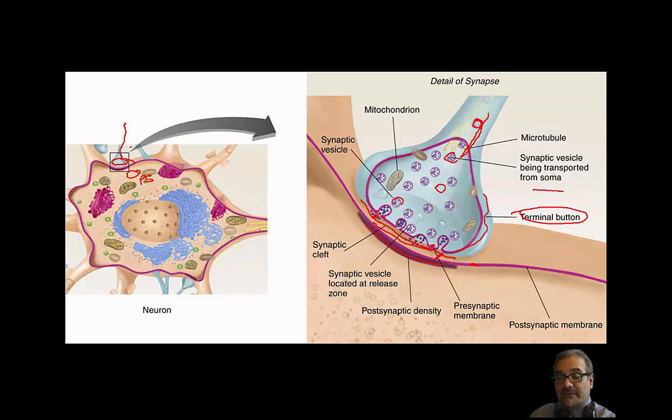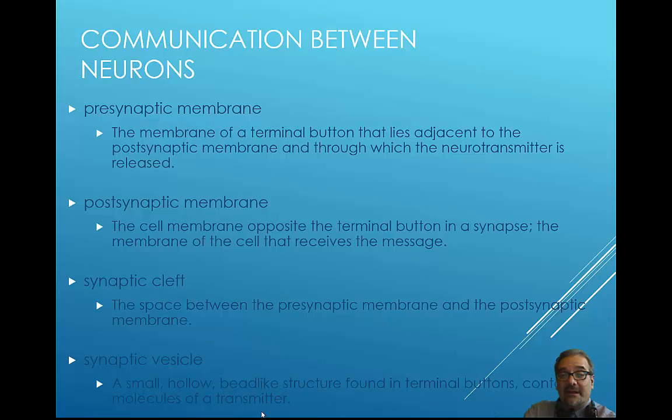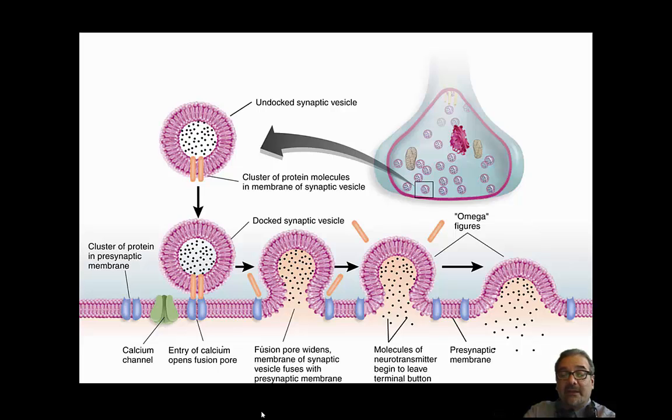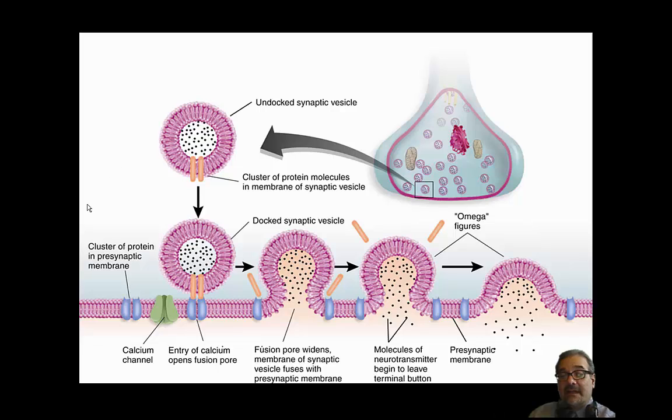With that quick introduction to the overall structure of the synapse and what's around it, let's move to the process of communication. I'm going to skip these and talk about what happens at the level of the synapse. So, if an action potential reaches the membrane of the terminal button, obviously the membrane will depolarize, so things will flip from minus to positive and positive to negative on the outside.